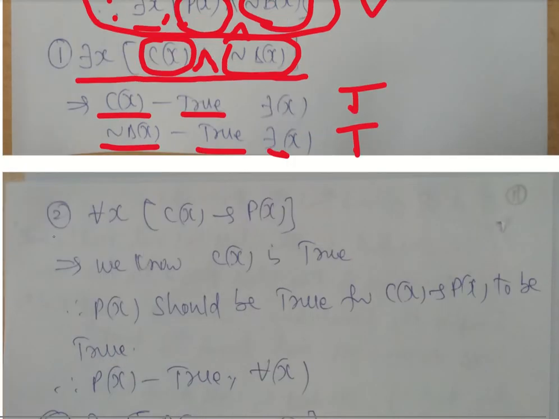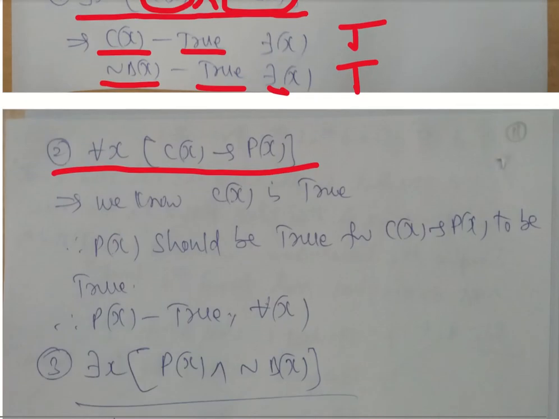Second statement: for all x, C of x implies P of x. C of x implies P of x is going to be true only when C of x is true and P of x is true, or C of x is false, and so on. So P of x should be true because C of x is already true.